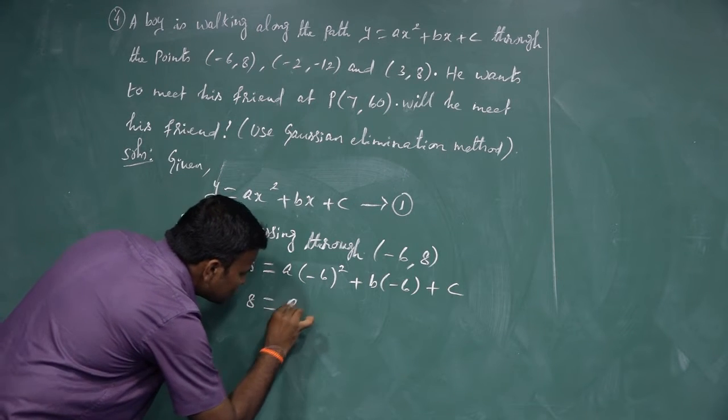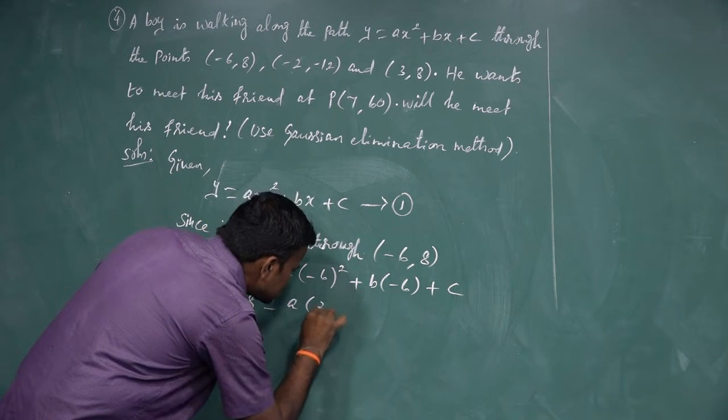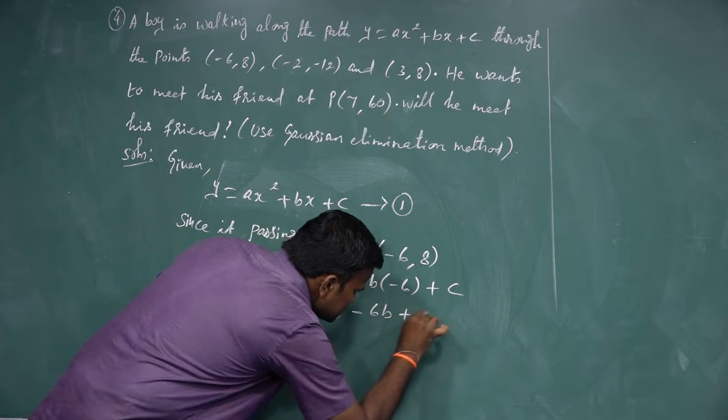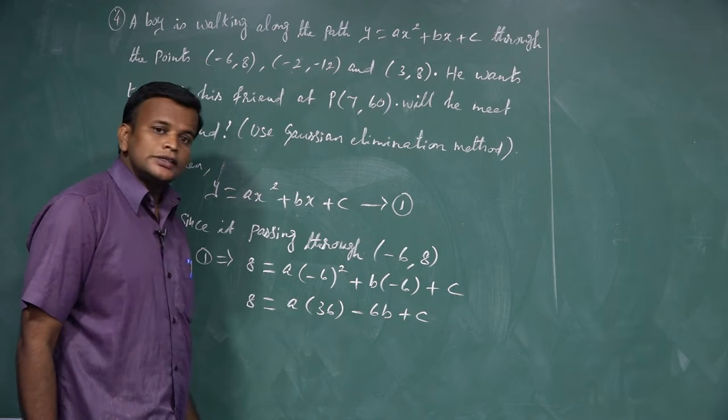So 8 equals a of minus 6 the whole square, which is 36, plus b times minus 6, which is minus 6b, plus c. You know very well a into 36 is 36a.